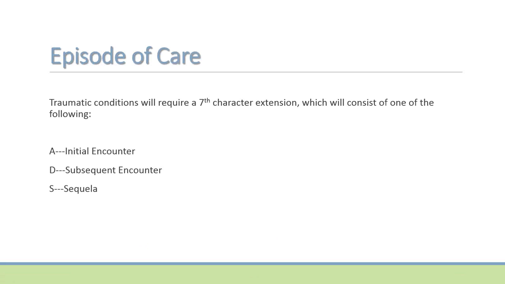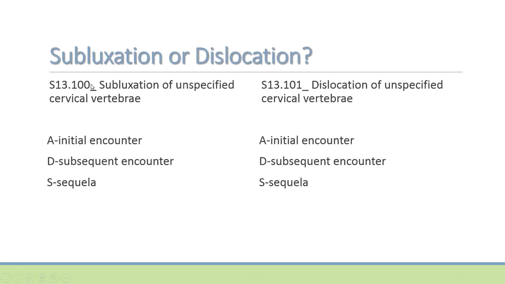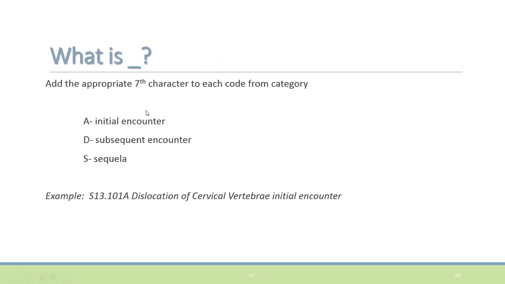Okay, let's talk about episode of care. And here's a hint on episode of care. Traumatic conditions will require a seventh character extension, which will consist of one of the following. So when you see that extension on any of the codes that have this little underscore, you have to put the seventh character.